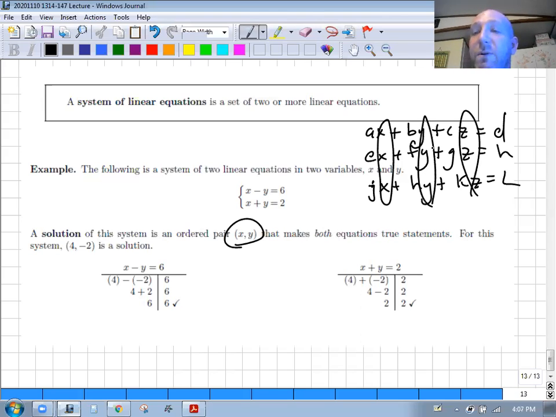If you have three equations with three unknowns, you can solve them, and there'll be one triple in x, y, z that will be a single solution to that set of three linear equations, okay?